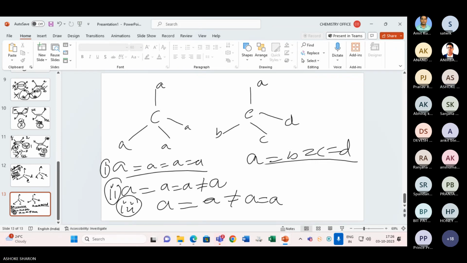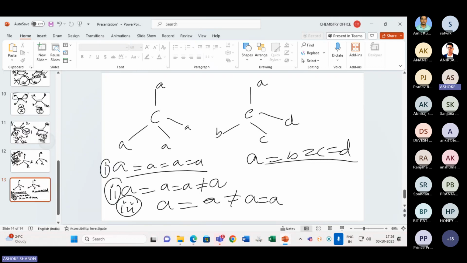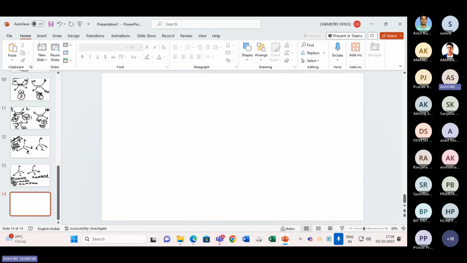In your syllabus, this is the major portion. I will explain that first, then I will go to the other sections. For example, I think all of you studied this one. Or it is written deuterium.